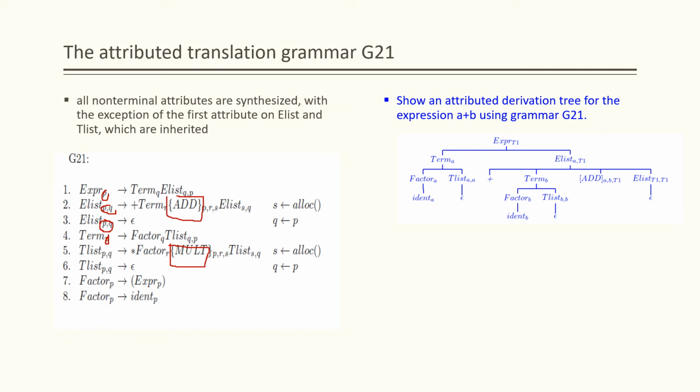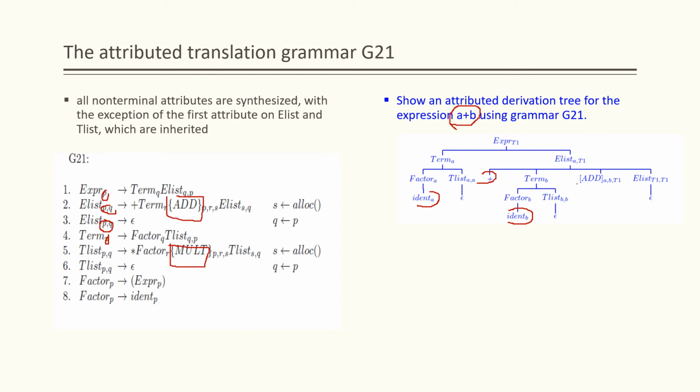On the right side here is the derivation tree for grammar G21. This derivation tree is used to derive A plus B. If you look here, you have the identifier A and also the identifier B from the grammar. What we want to do is an add operation.